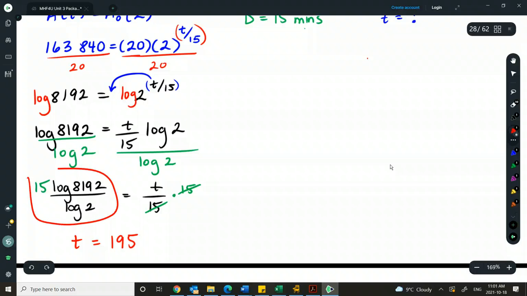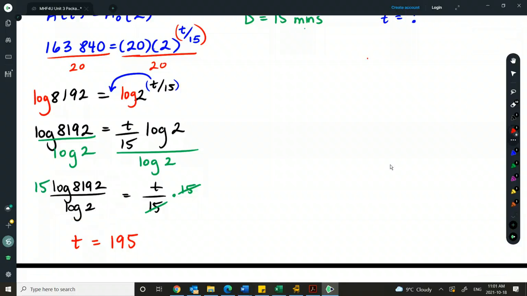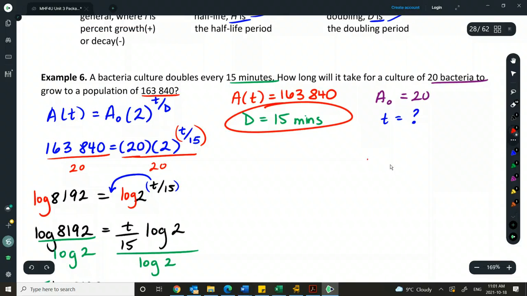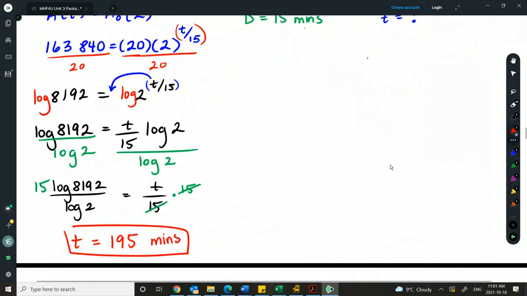Okay, so you're going to calculate this, or you can calculate this and then just multiply your answer by 15, whatever you want to do. Units of measurement here for time, what would that be? Minutes. Why? Because 15 is in minutes. That's what we entered originally. We entered the doubling period in minutes, so we would expect to get our time also out in minutes. That would make sense.